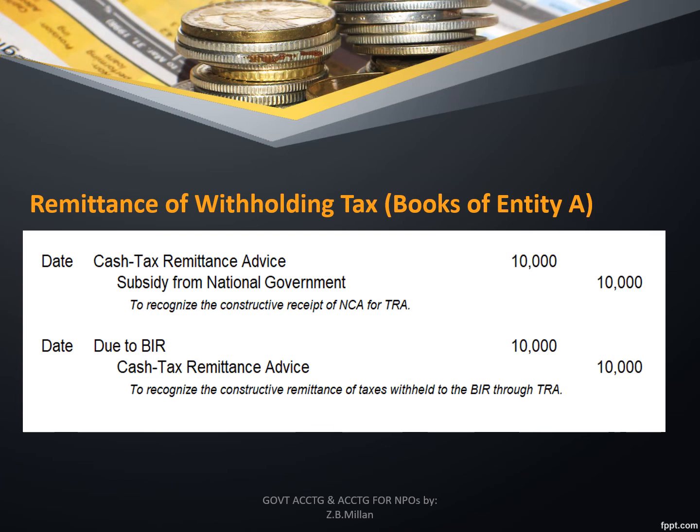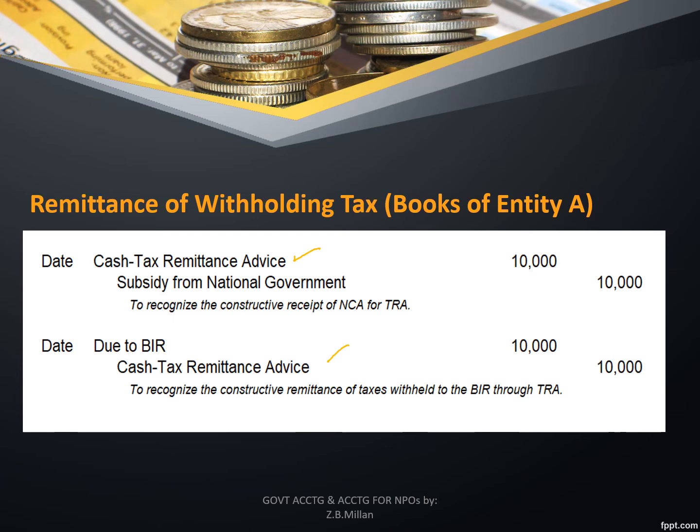So paano ba natin nasabi na constructive yung remittance ng government agencies of their withholding taxes? Using the illustration in our reference book for the entity A, notice that there is no physical transfer of cash to the BIR. Kasi ang nangyari, the debit and credit sa cash tax remittance advice was offset.